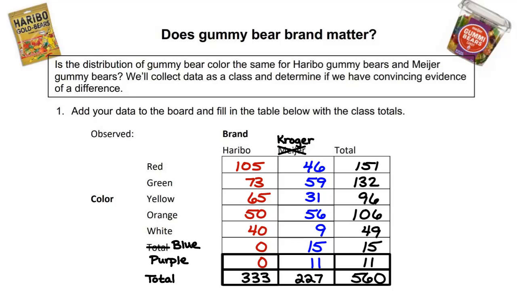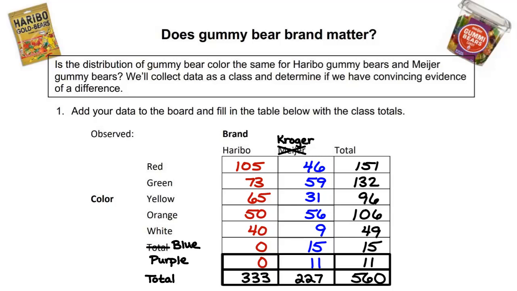So we had 46 red Kroger gummy bears, 59 green, 31 yellow, 56 orange, 9 white, 15 blue, and 11 purple. Notice my very last one tells me I'm entering this in cell 14, so I made sure I got all of them. So far, so good?